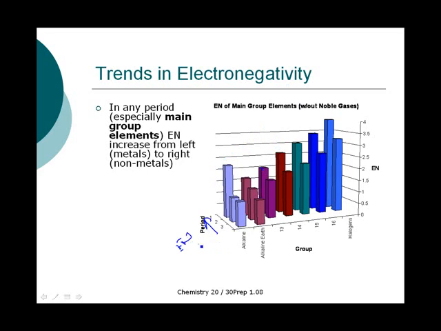Electronegativity increases as we go towards the top of the periodic table, and electronegativity increases as we go through each period.